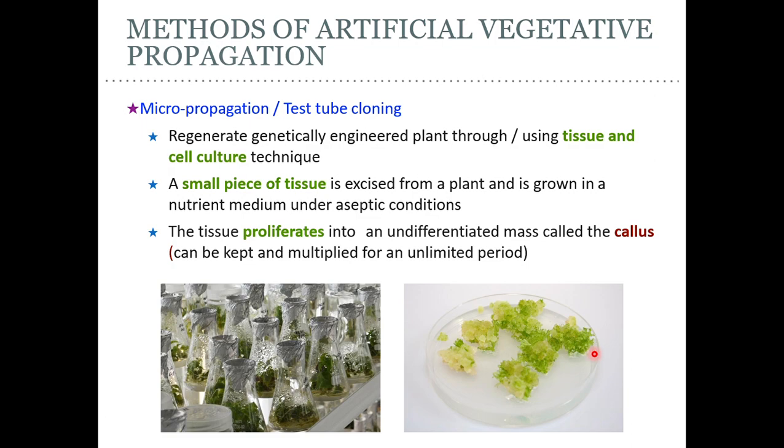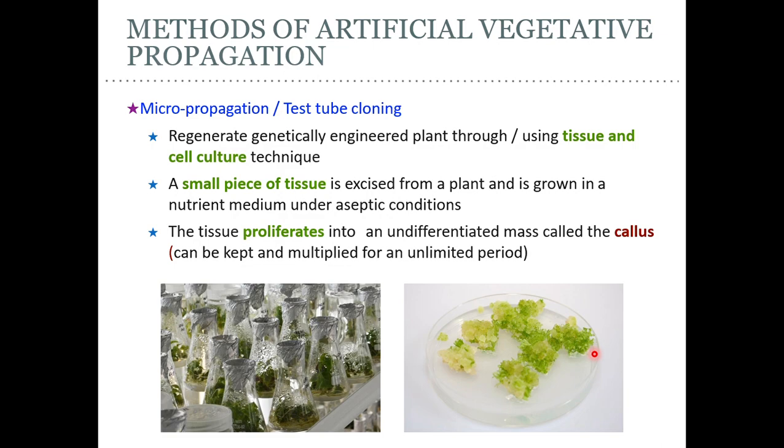For micropropagation or test tube cloning, in this method, we generate genetically engineered plants through tissue and cell culture technique. We call it plant culture. This is done in a lab setting with a sterilized environment.